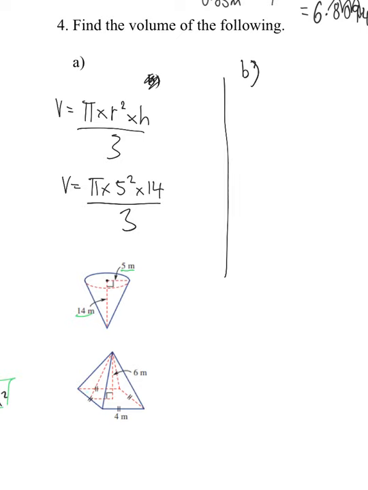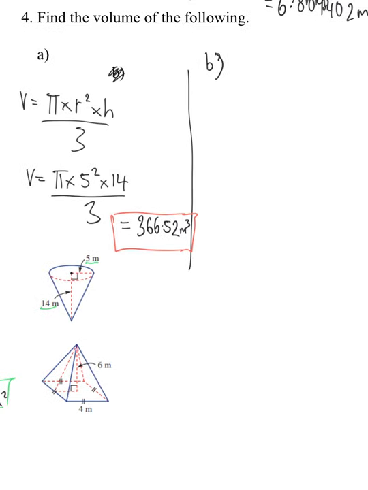Cool, so I'm just putting this in my calculator. Pi times 5 squared times 14 on 3 gets us a volume of 366.52 meters cubed. Cool, so that is A, which I used as the cone.